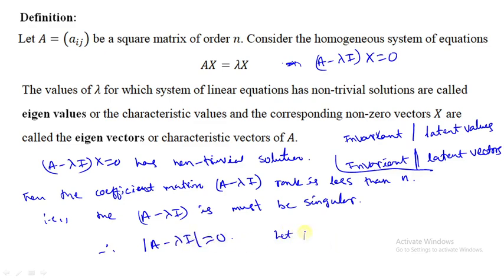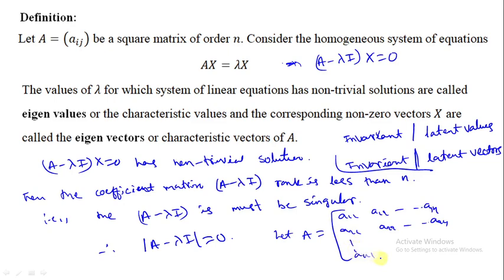Suppose A is an n by n matrix, with entries A11, A12 and so on up to A1n, A21, A22, up to A2n, and so on, AN1, AN2, up to ANN. Alright, the determinant of A minus lambda I is equal to 0. What does that mean?